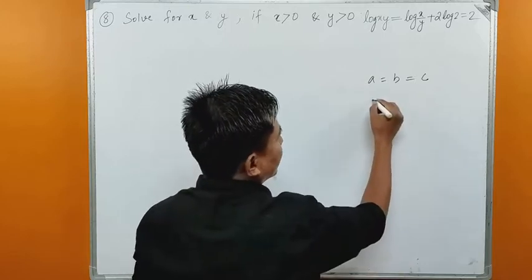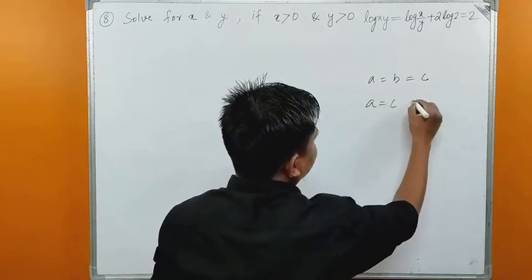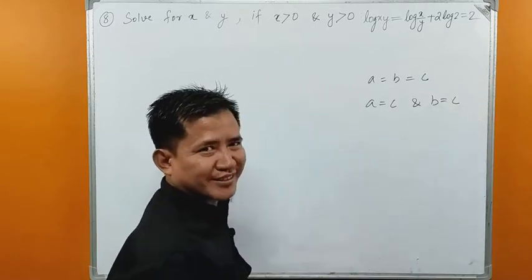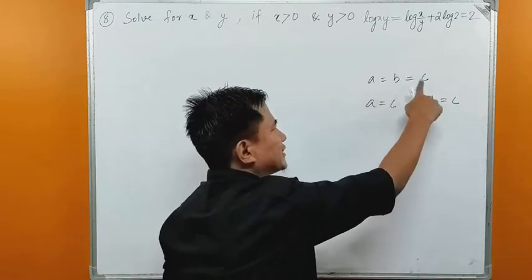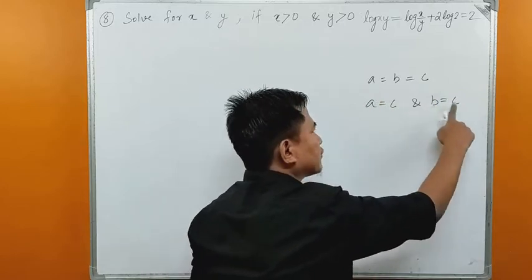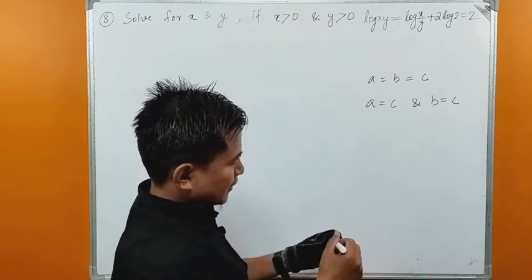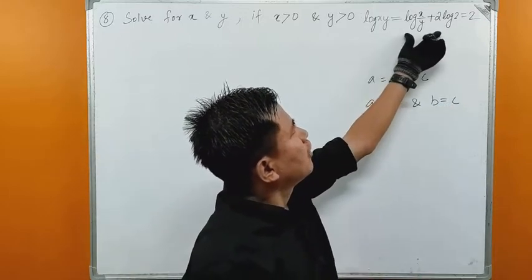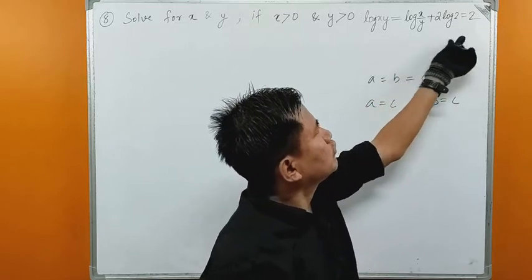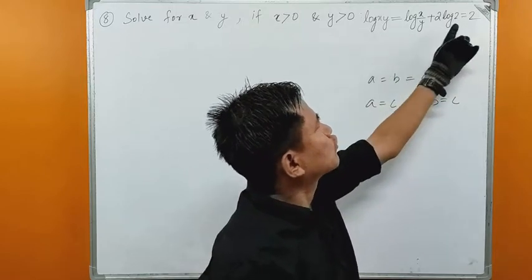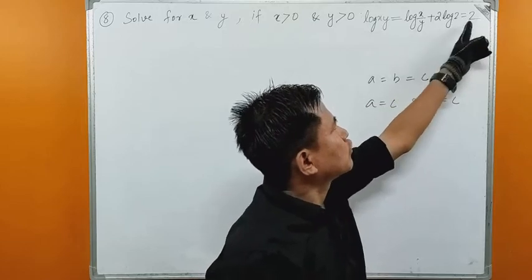Which means you can write a equals c and b equals c. So that is exactly what we are going to do. Log xy equals log x upon y plus 2 log 2 equals 2 means log xy equals 2 and this equals 2.